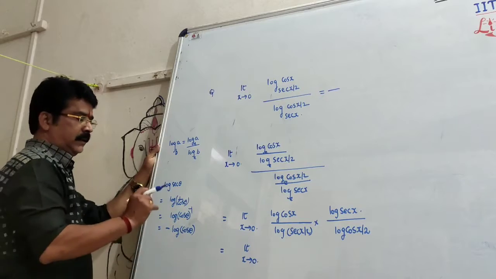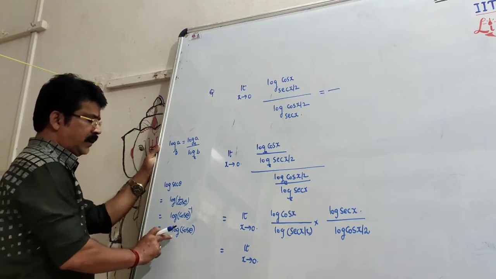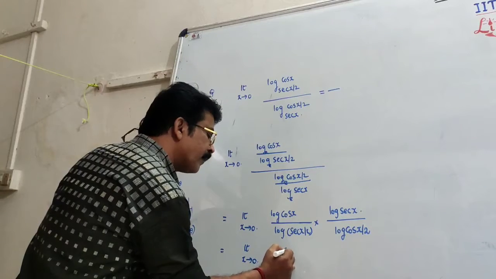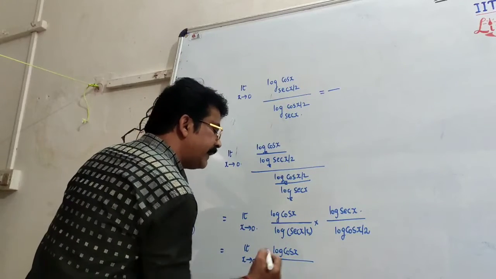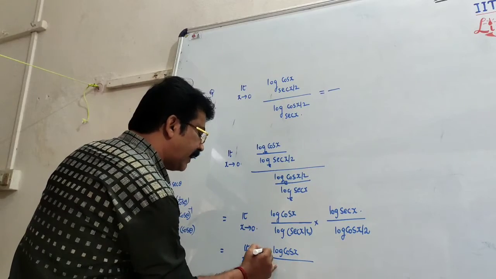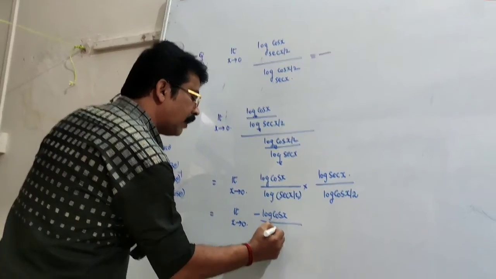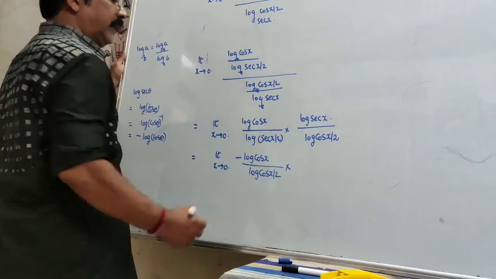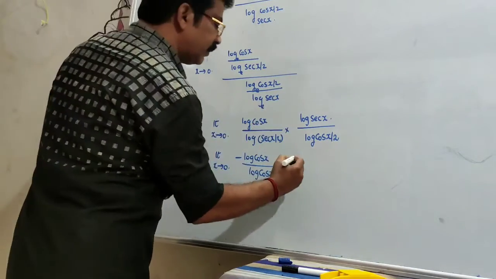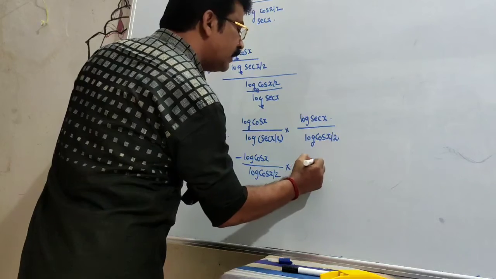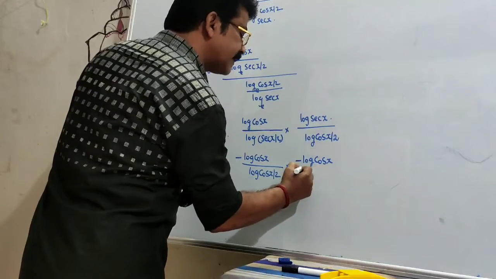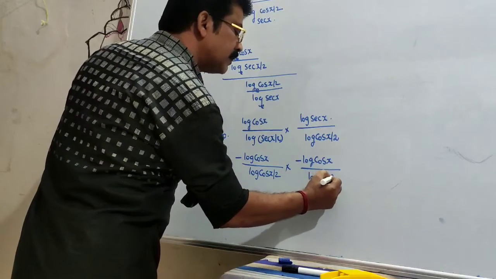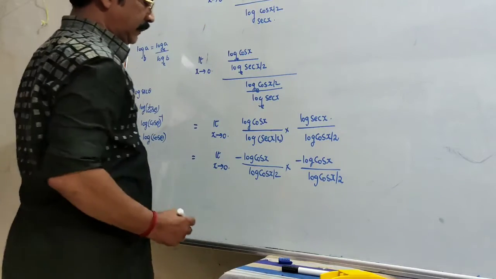Already I explained the properties of logarithms. So according to this, write log of cos x divided by this one, minus log of cos x by 2 into this one also minus, log of cos x divided by log cos x by 2.